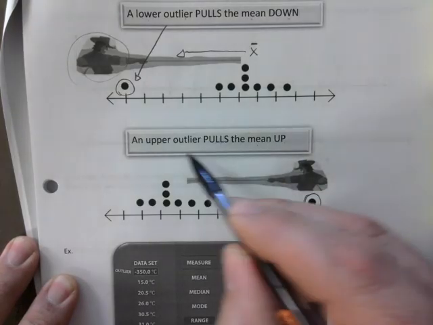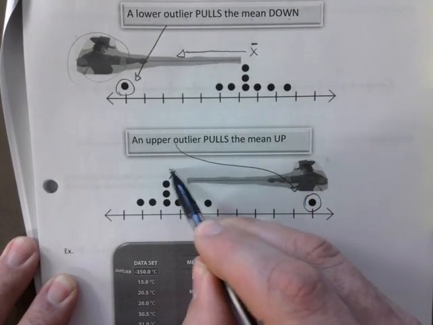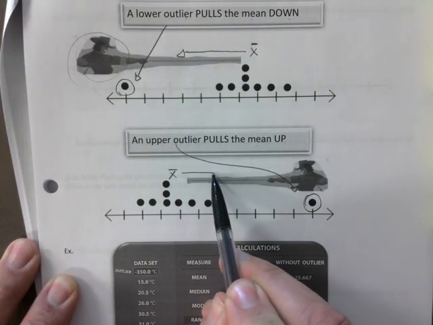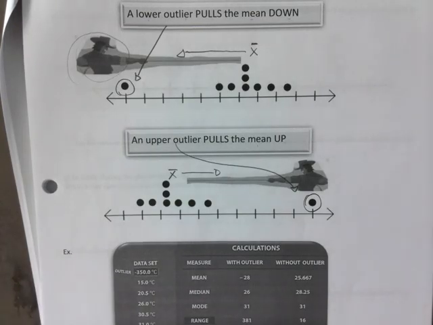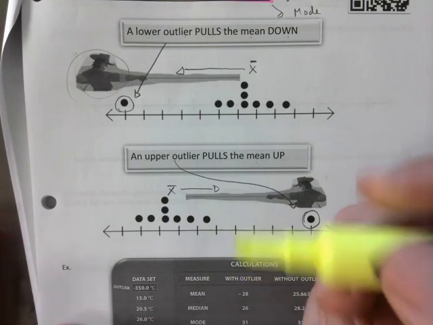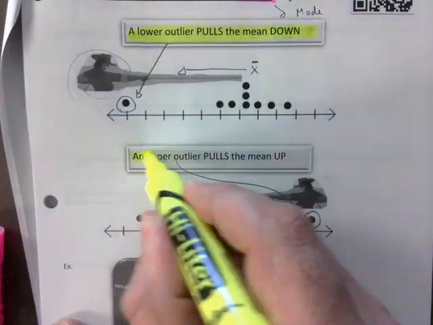So this is the upper outlier there. Your mean is going to be somewhere where most of your values are. So it's going to pull it up. Sorry, I meant to say up. Have this stated somewhere in your notes.